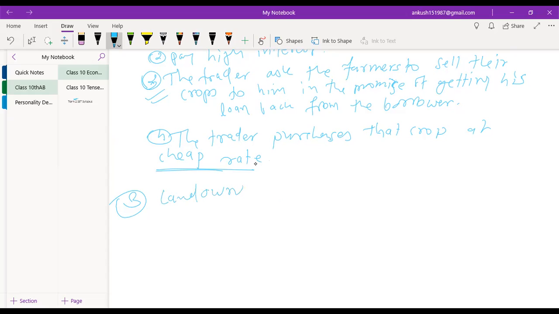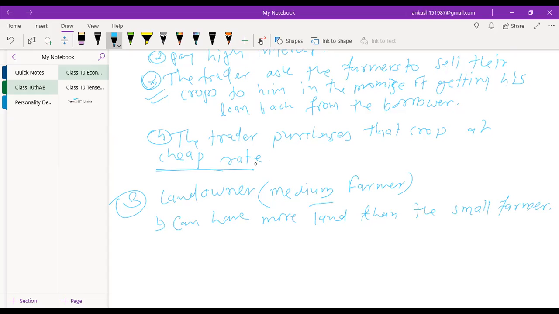Landowner, or he could be said to be a medium farmer, not a small farmer. Okay, medium farmer. What could be with him? Actually, this person can have more land than the small farmer.